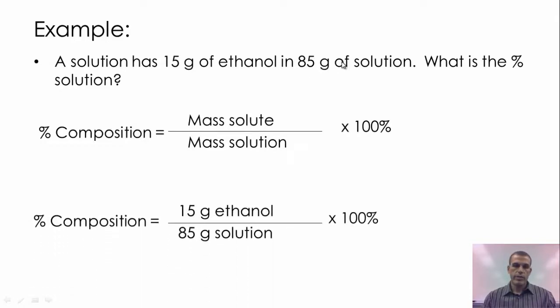As we go to figure out the work, you take 15 grams of ethanol divided by the total mass of the solution, and then you multiply it by 100, and it's basically telling you that the 15 grams of ethanol makes up 17.64% of the whole entire solution.